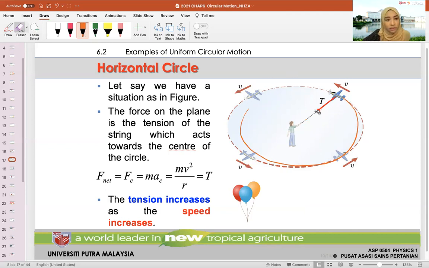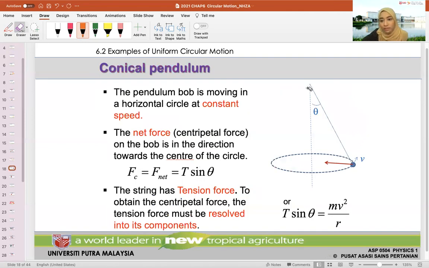So we know that we have tension. So tension will be our FC and we can equate it to mv squared over r. Sama juga kat sini, we have tension over here, acting here. This is also tension. So you have to resolve to know what is acting towards the center.